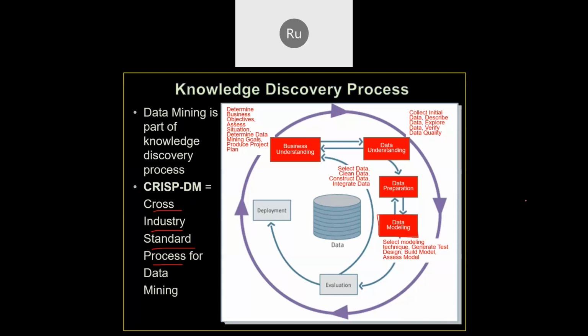After we fine tune and optimize the model, then we can evaluate the result. If we are satisfied with it, then we will deploy it. Otherwise, we have to refer back to the business understanding, whether we mapped the objective to the result correctly or not. So this is the knowledge discovery process.